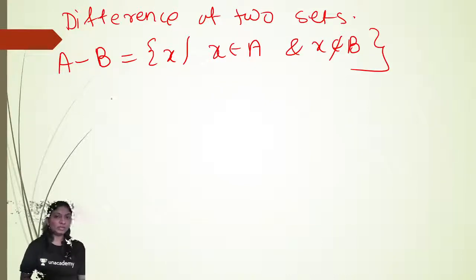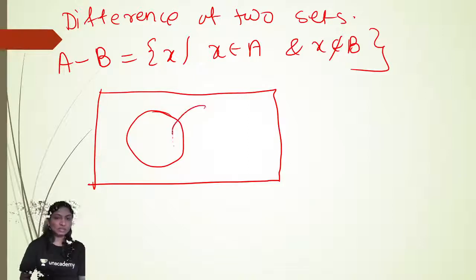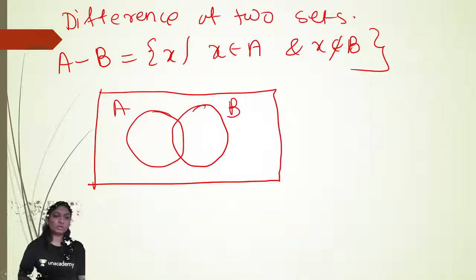And how do we denote this by using a Venn diagram? The elements which are in A but not in B. Suppose this is your set A and this is your set B, right? So A difference B, how can we denote it?